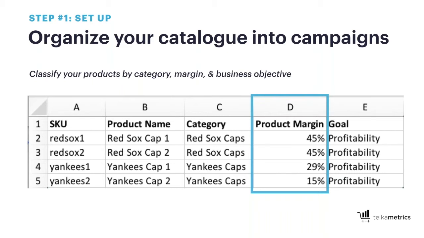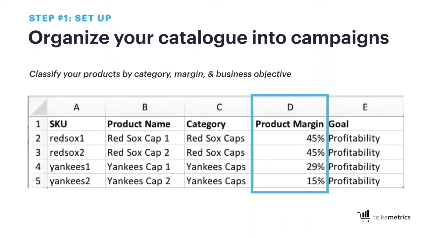And that's really going to impact where he's thinking about ACOS and advertising spend. So he's going to want to make sure that those two caps, Yankees 1 and 2, are also in different campaigns, regardless of the fact that they have the same category and the same objective.